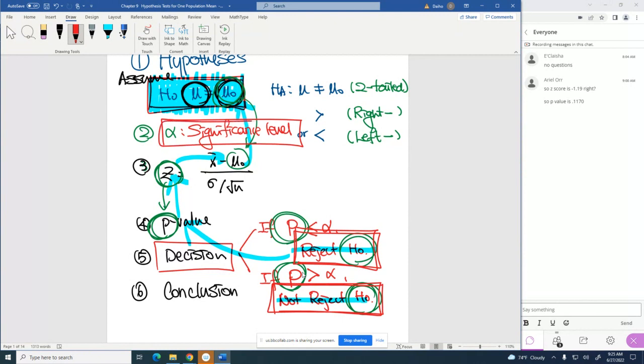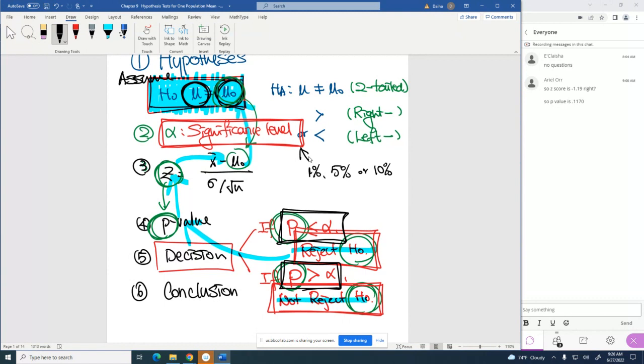The significance level is another probability, and most of the time it is 1%, 5%, or 10%. Because of that, we compare the p-value, another probability, to the alpha.